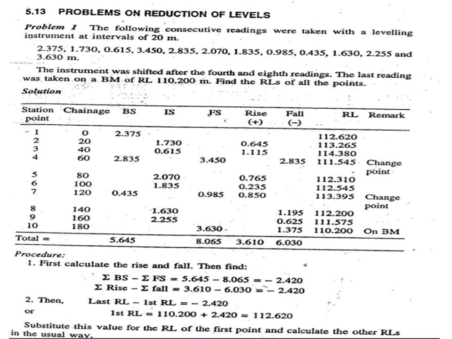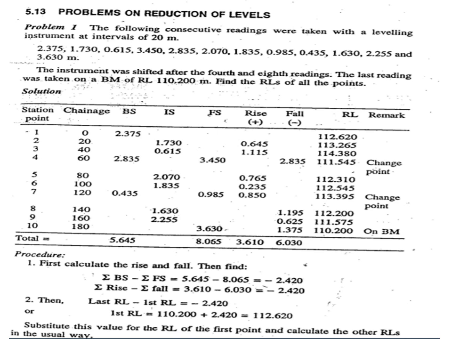Here the 4th reading is 3.45, which is entered in the FS column. Similarly, the 8th reading is 0.985, entered in the FS column, and the last reading, 3.63, is also entered in the FS column. Immediately after the 4th reading, the 5th reading is entered in BS, and the 9th reading is entered in BS at the same level as the FS.